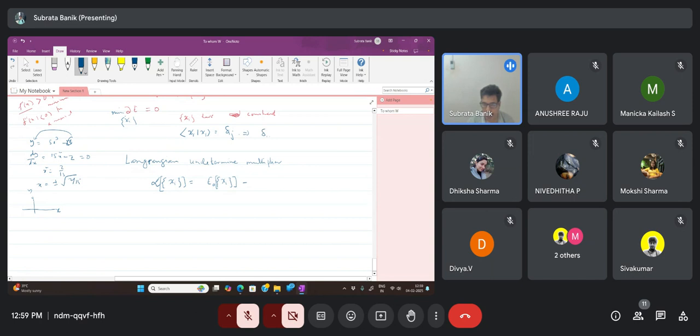I can write chi i, chi j minus delta ij equal to 0. Writing it this way doesn't matter. So we put this as a constraint: chi i, chi j minus delta ij, right, equal to 0.